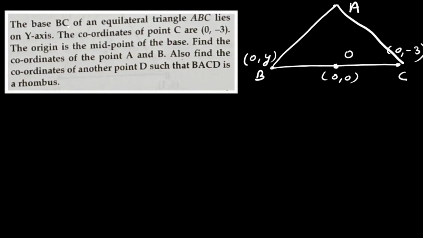So points B and C both lie on y-axis, and B will also look like 0, y. So we can find the coordinates of B, then we have to find the coordinates of A as well. Also find the coordinates of another point D such that BACD is a rhombus.